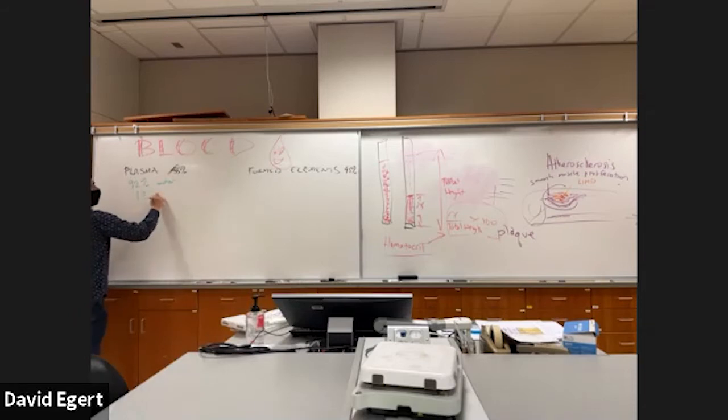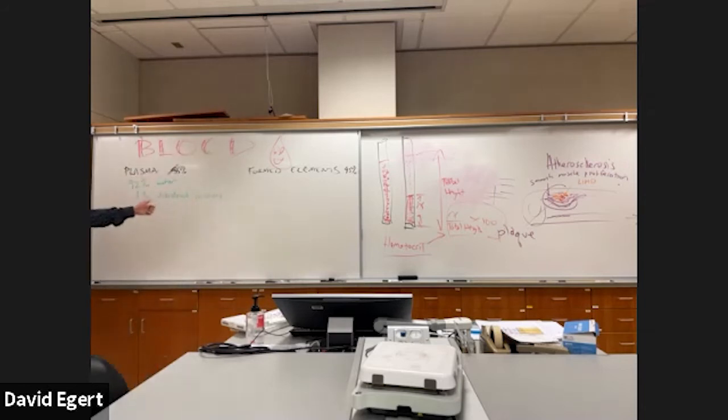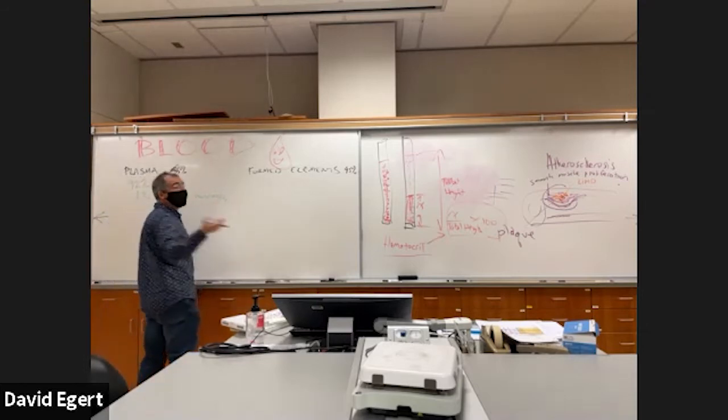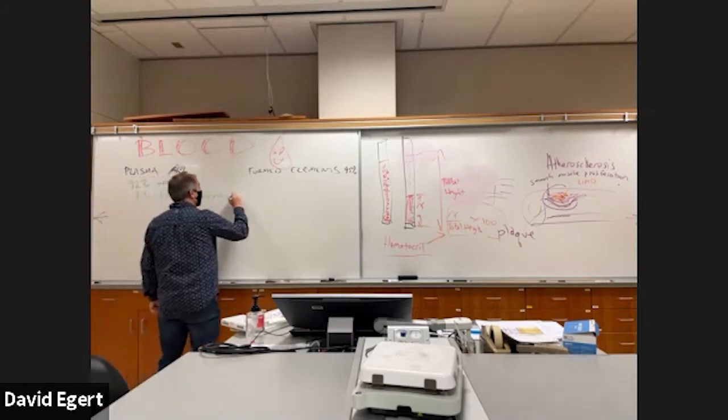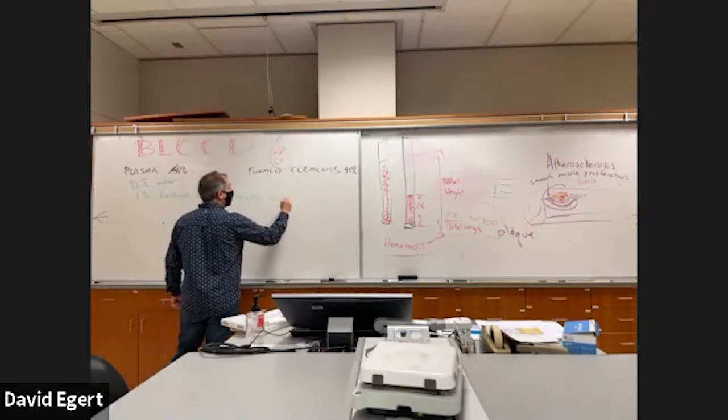And 1% is going to be dissolved nutrients, like, you know, the blood is carrying glucose around and whatever else. It's carrying urea around, so waste. It's carrying hormones, whatever else.